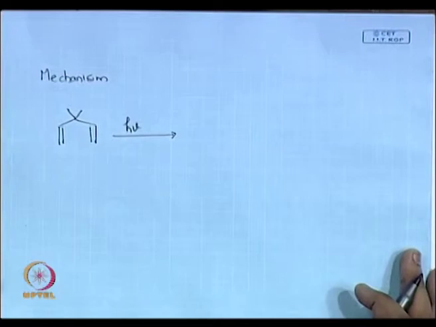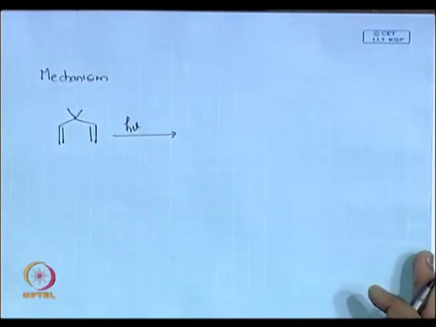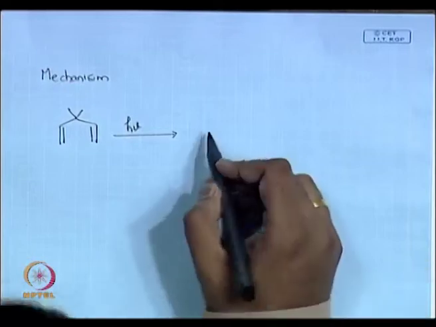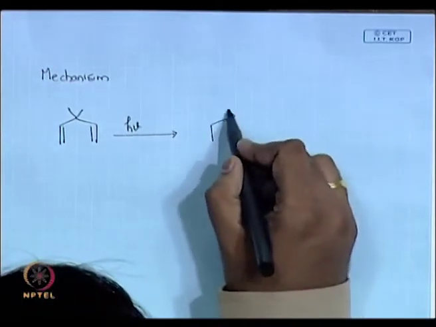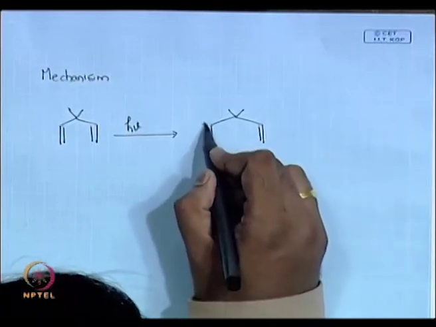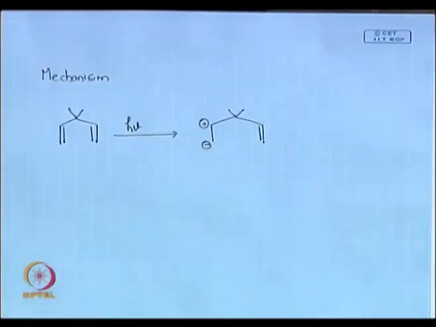What is singlet pi pi star normally in alkenes? It looks more like a zwitterionic species. So it can be like this once I photolyze into the singlet excited state.